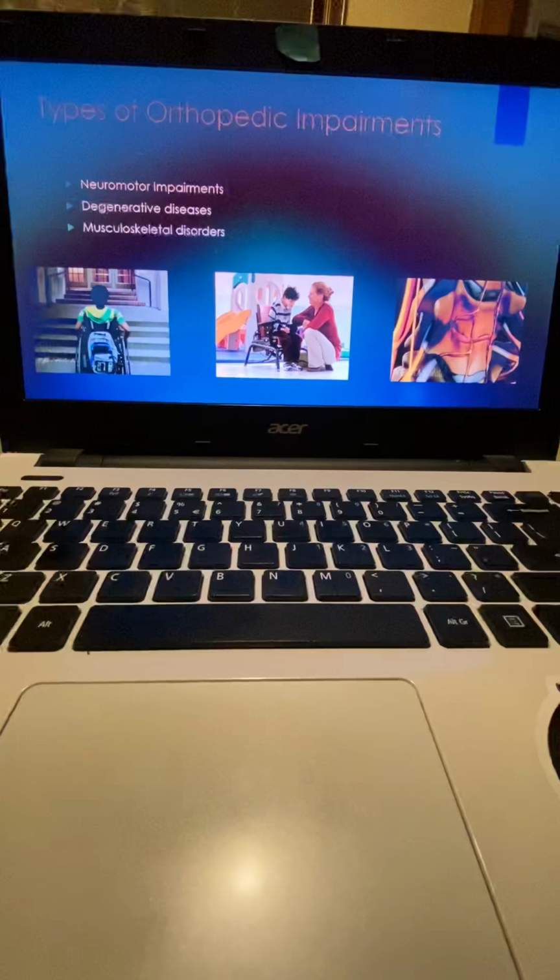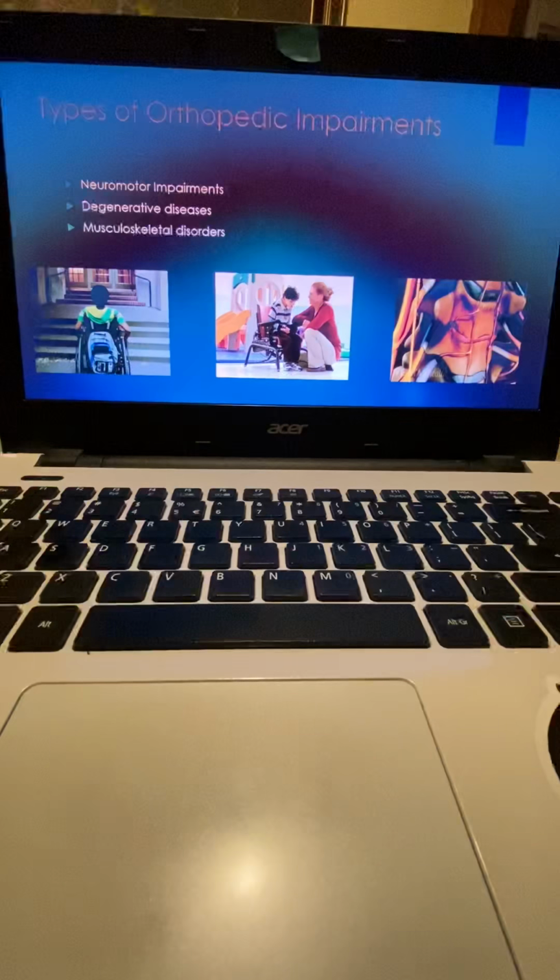So there are three types of orthopedic impairments that are well known. The first one would be neuromotor impairments, and as you can see in these three pictures, they are definitely something that affects the overall type of life that this individual will have.